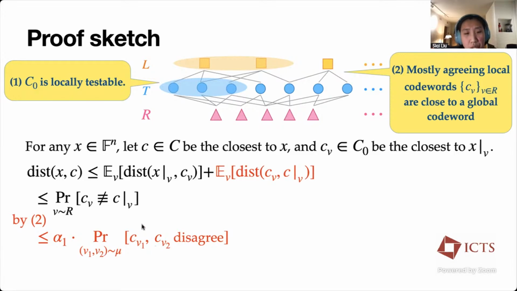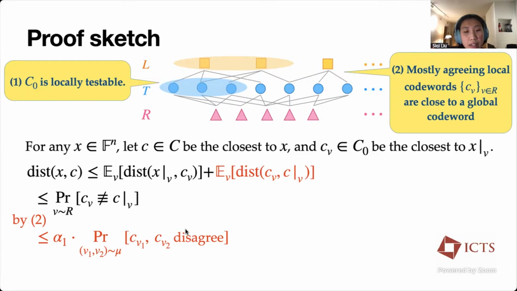Okay. So whenever we have a pair C_V1 and C_V2 that disagree on their intersection, what we know is that in their intersection, either C_V1 or C_V2 would disagree with the original string we start with, which is X. Because if they both agree, then they should totally agree on their intersection, right?